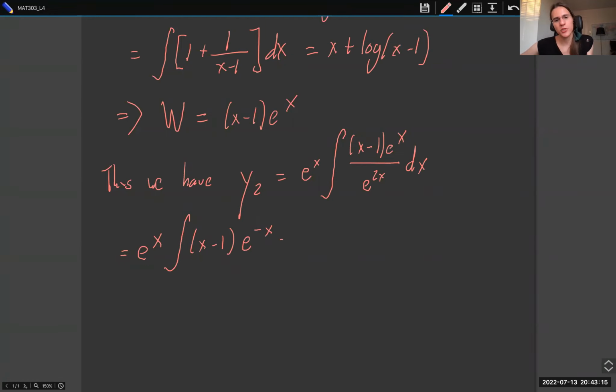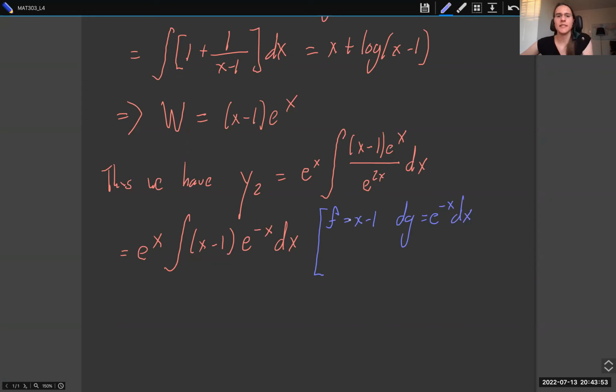And what are we going to do to solve this integral? By parts? Right, so which one of these factors do I want to differentiate and which one do I want to integrate? The x minus 1 you want to differentiate. Yes, so in the notation from the first lecture, f is equal to x minus 1, and dg is equal to e to the negative x dx.